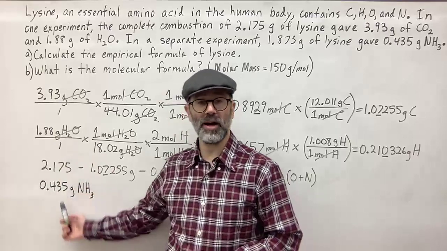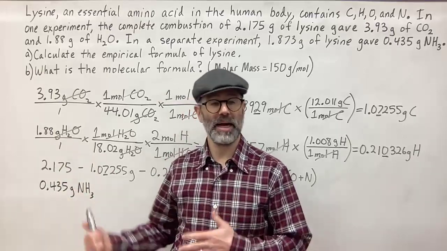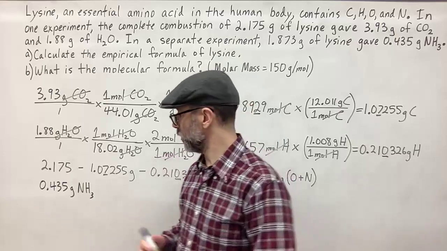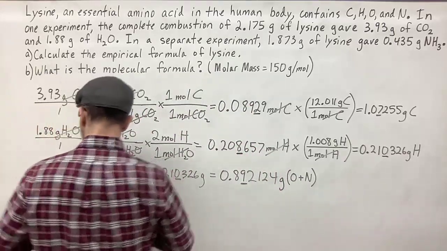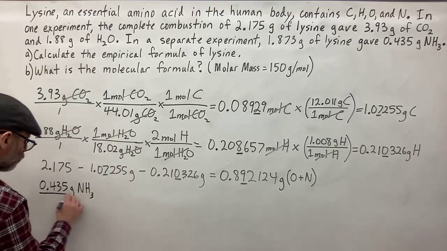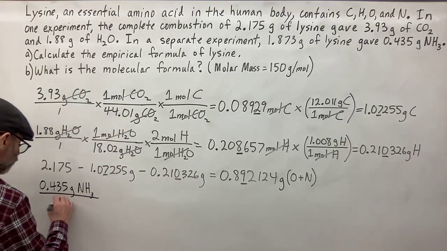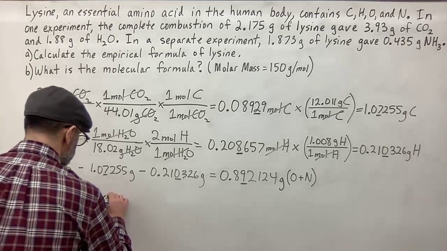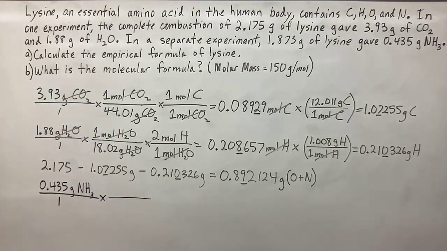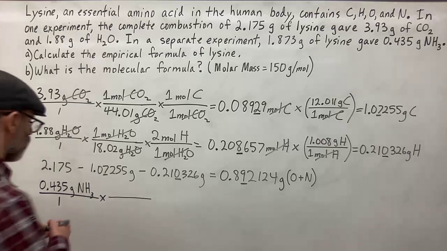So if we could figure out the moles that came from that sample, then that will help us to find the empirical formula. So all we need to do is convert this amount of grams of NH3 to moles of nitrogen. So we're going to use the molar mass of NH3, and that is 17.031.